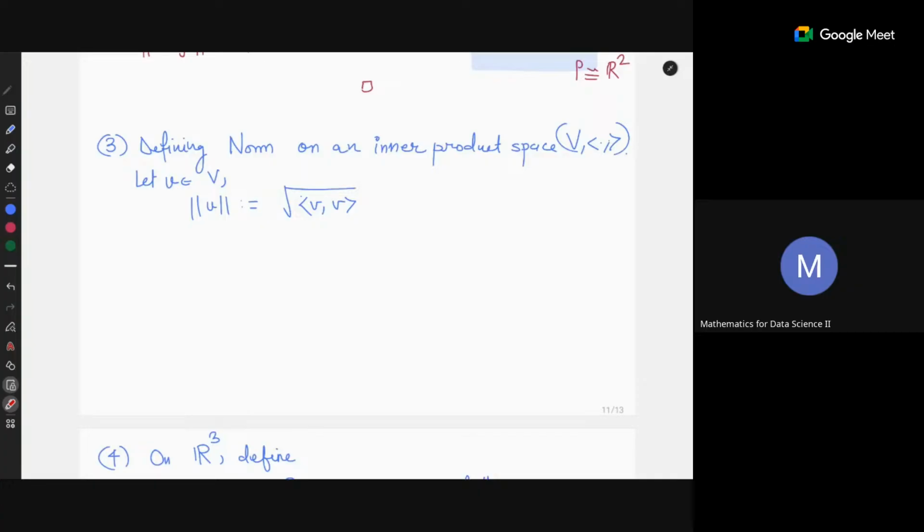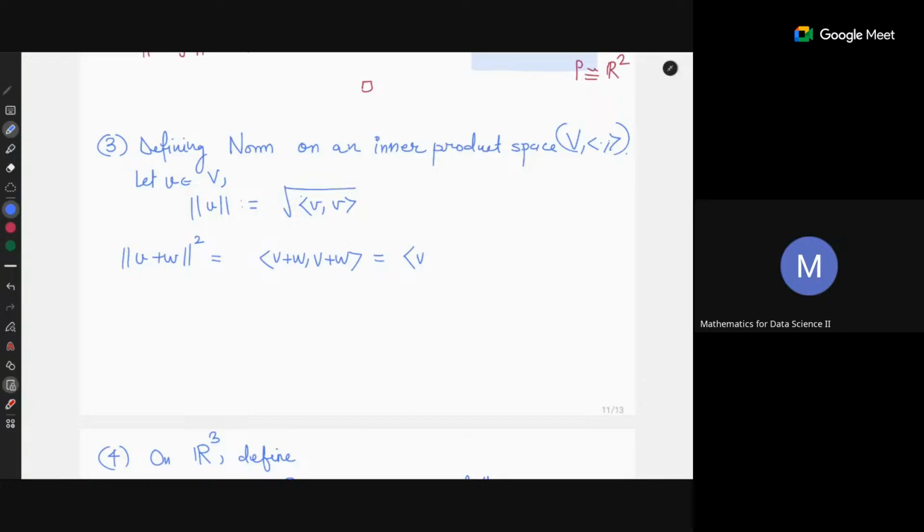All right. So now you can also check that this defines all the properties of the norm. Let me just do the first property. The other properties are computational, so you can do them. They are direct from the definition of inner product. Instead of considering this, I can square both sides and do this. Okay, so this is fine, right? Now what is this? It is linear in both coordinates.